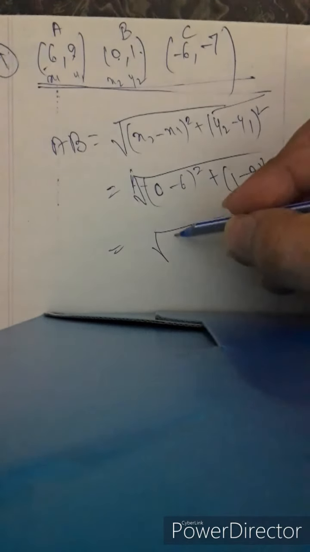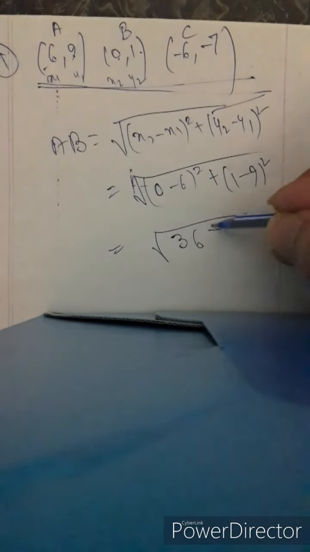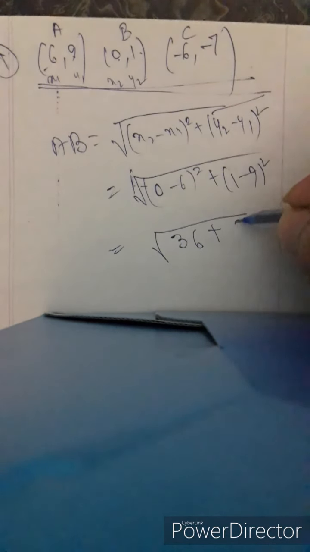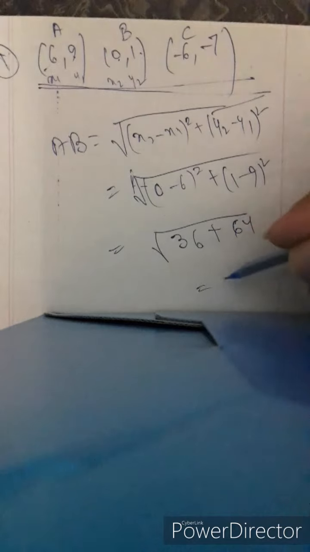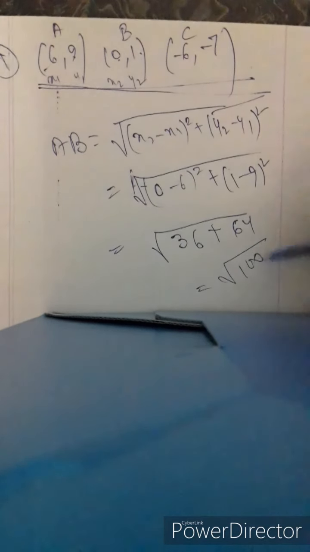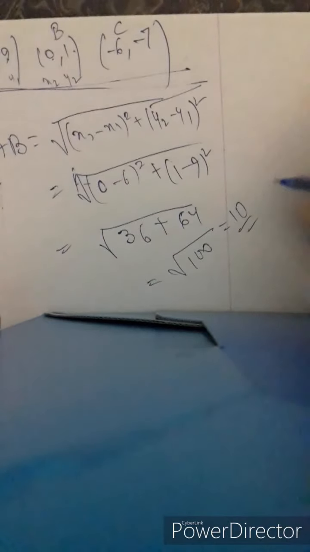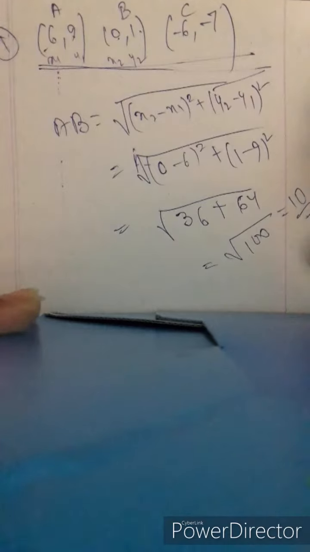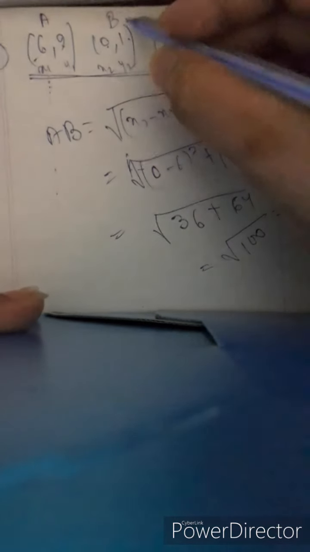So 6 6s are 36 plus minus 8 squared, 8 8s are 64. 36 plus 64 is 100, root of that is 10. 10 units, sorry, not square units, it's units, or 10 we can simply write. Alright, AB is 10.